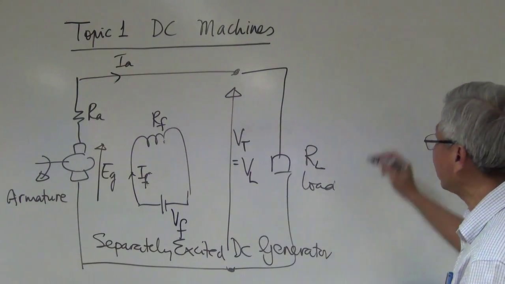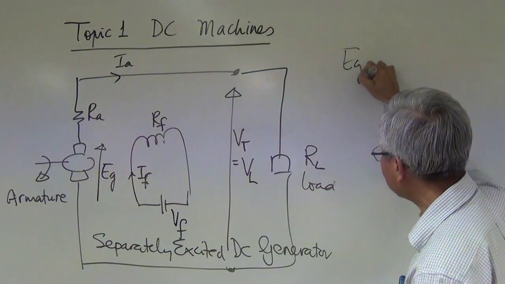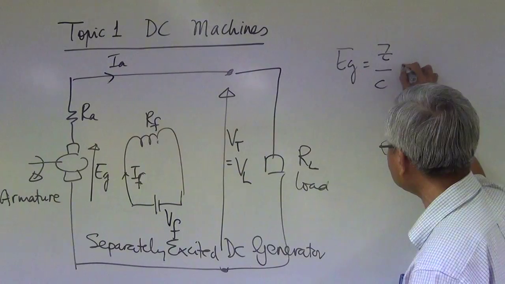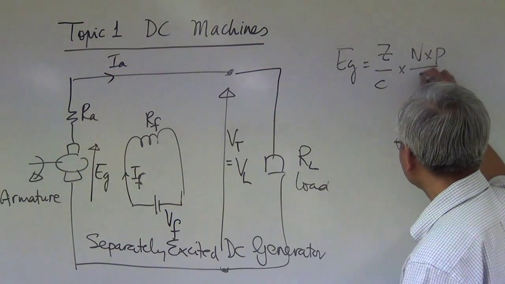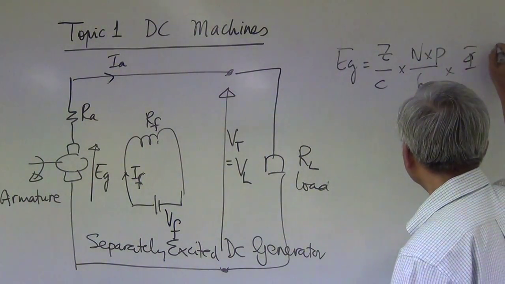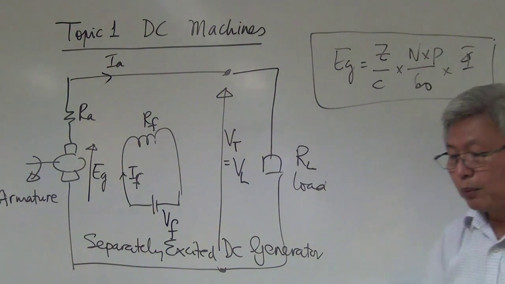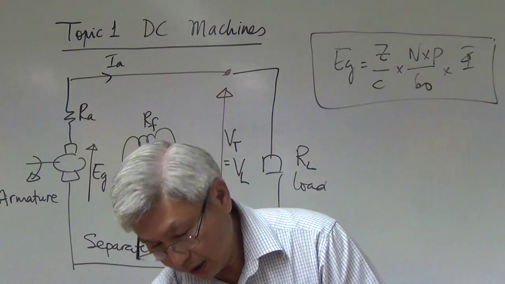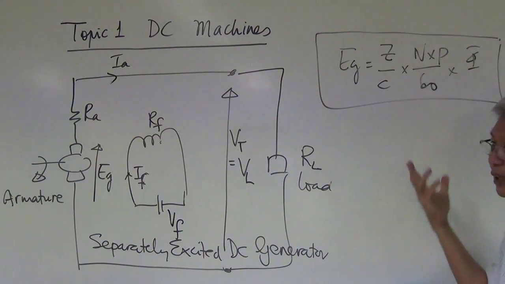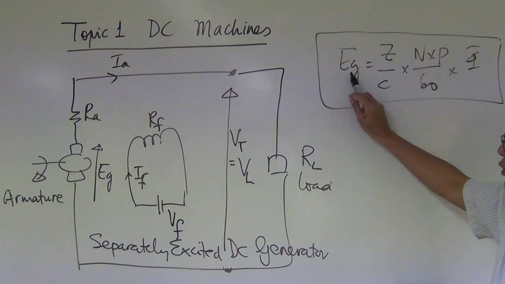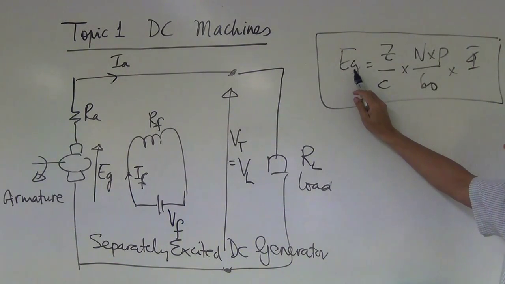Then we come to the next one, which is called the physics equation. And this formula again is given in the exam. Now, for this formula, you need to know the terminology. What is the meaning of each symbol? This is the generator voltage, Eg. What is Z?